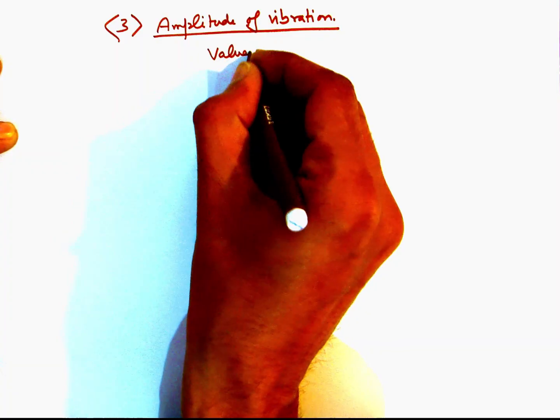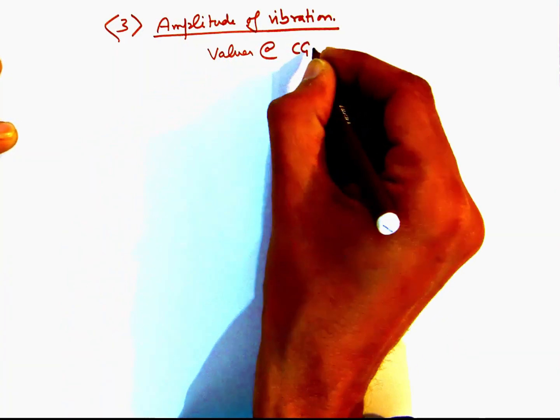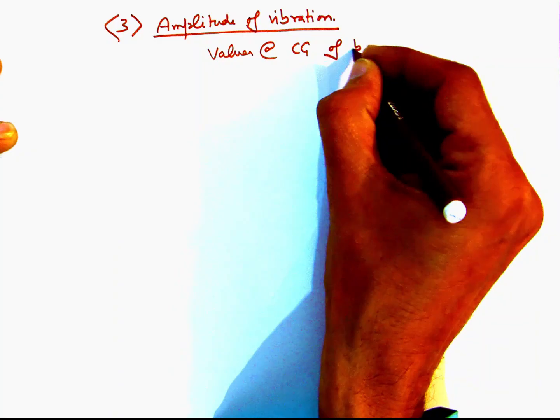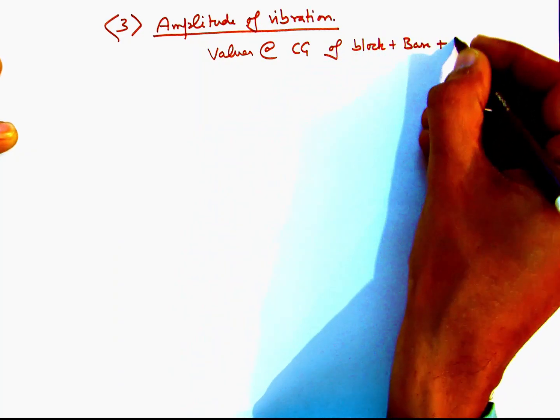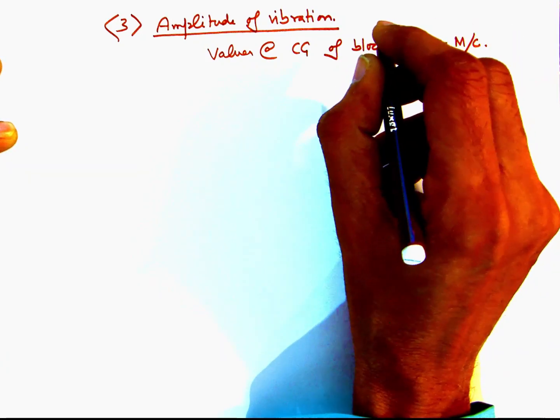The amplitudes of vibrations can be determined by the following expressions. Please note that the values are applicable at the CG of the combined system consisting of the block, the base and the machine.